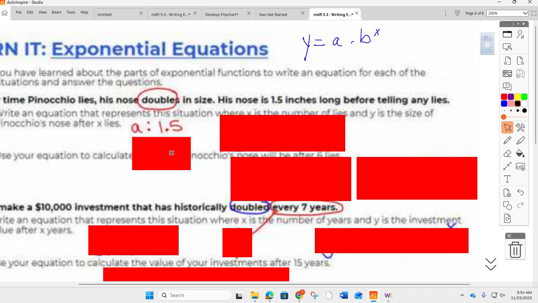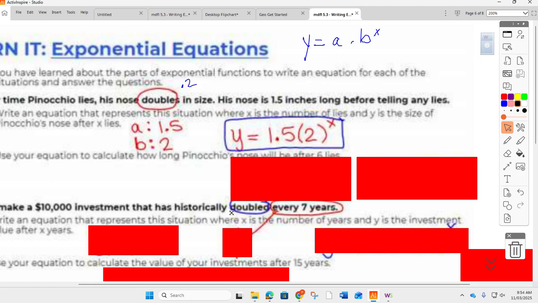What's the growth rate? Yeah, so to double means times 2, right, Brooke? So double means times 2, so the growth rate is 2. So what's the equation going to look like? Times 2 to the x power. The only thing we forgot was the x, okay?